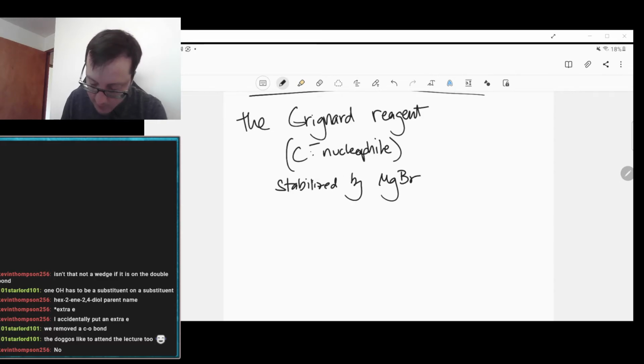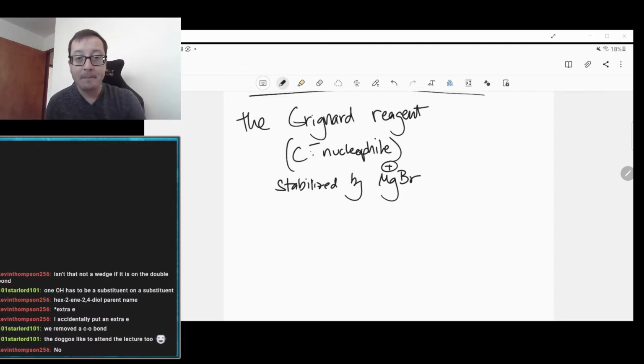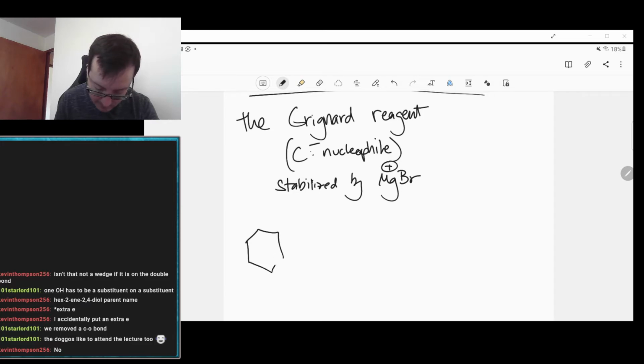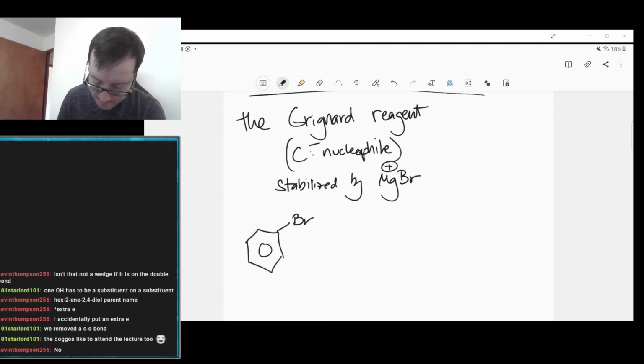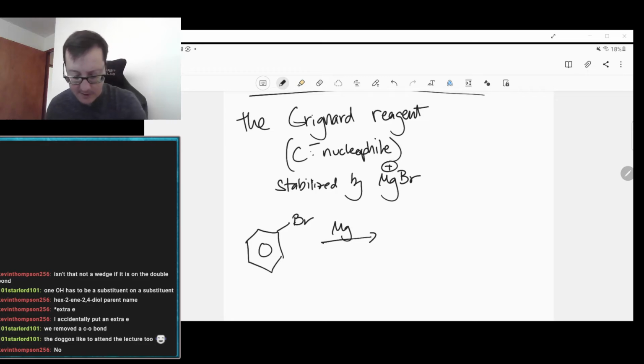And it's going to be stabilized by magnesium bromide plus. We're going to see that if you take some sort of alkyl halide, or in this case it's a bromobenzene, whatever it may be, if you add magnesium to this, what actually happens is your magnesium will insert itself in between the bromine and the carbon.